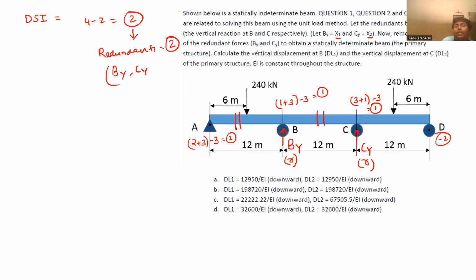Now remove the effect of redundant forces. Removing the effect of redundant forces will give rise to what? A determinate structure. What is the name of that structure? Primary structure.